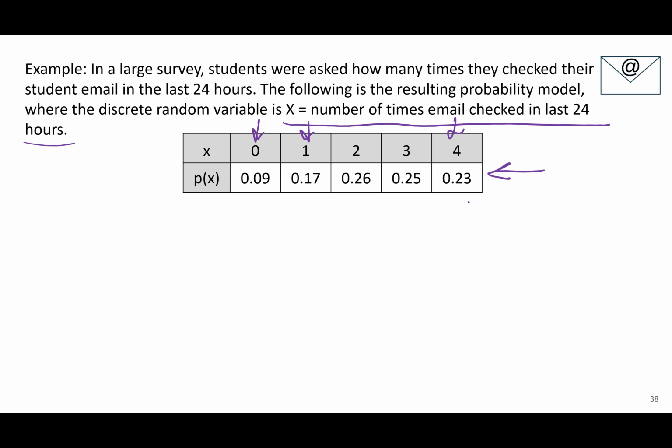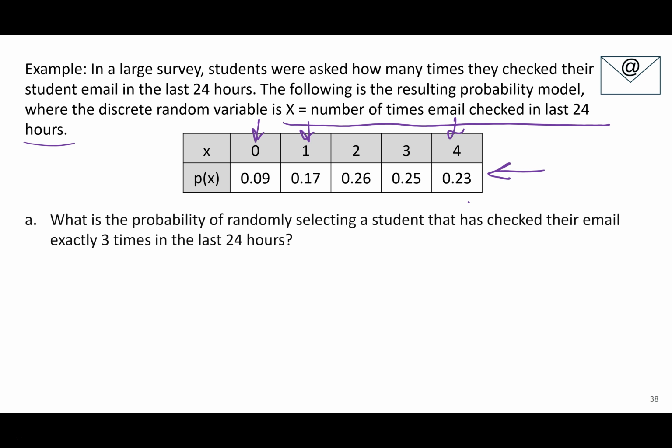So now that we have this probability model, we can use it to answer questions. The first one we're going to do is, what is the probability that I randomly select a student from this population that has checked their email exactly 3 times? So what we're asking is the probability that my random variable is exactly equal to 3.